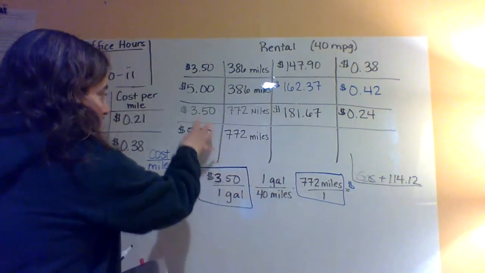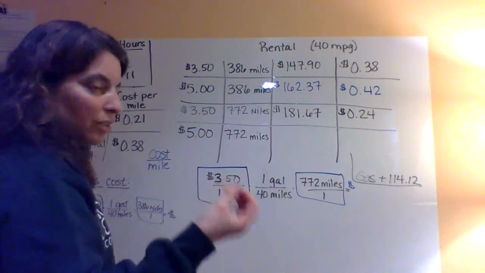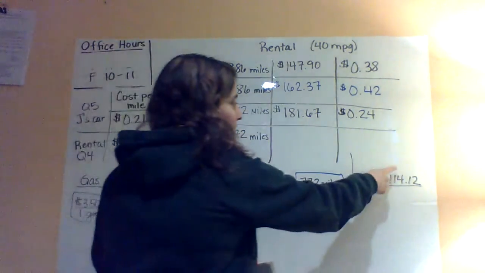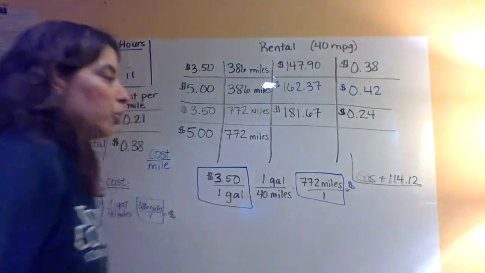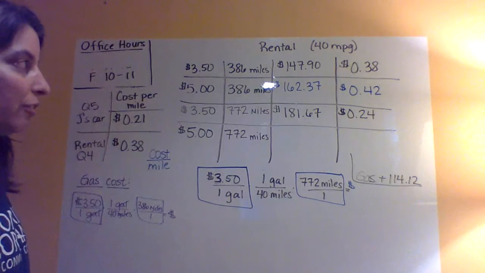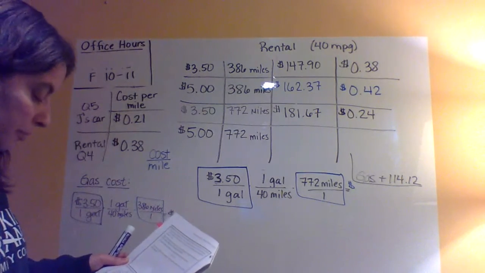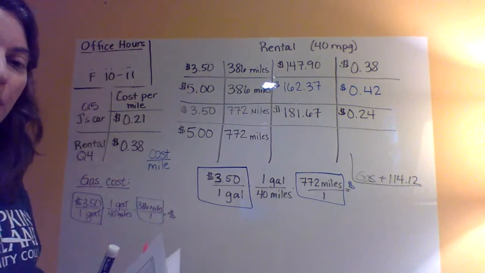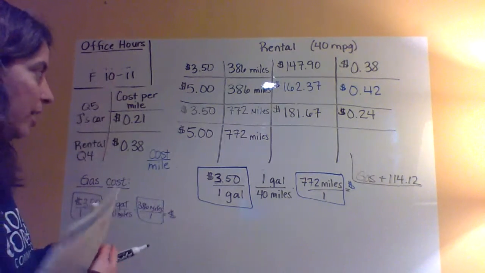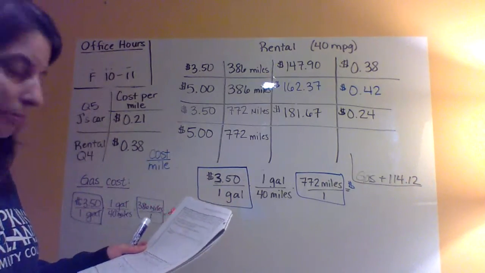Think about, what's the gas price, what's the distance, figure out your gas cost, and then you're going to add that in to your rental fee and your tax, and then you're going to figure out cost per mile. So go ahead and pause the video and fill out that last row of your chart, please.